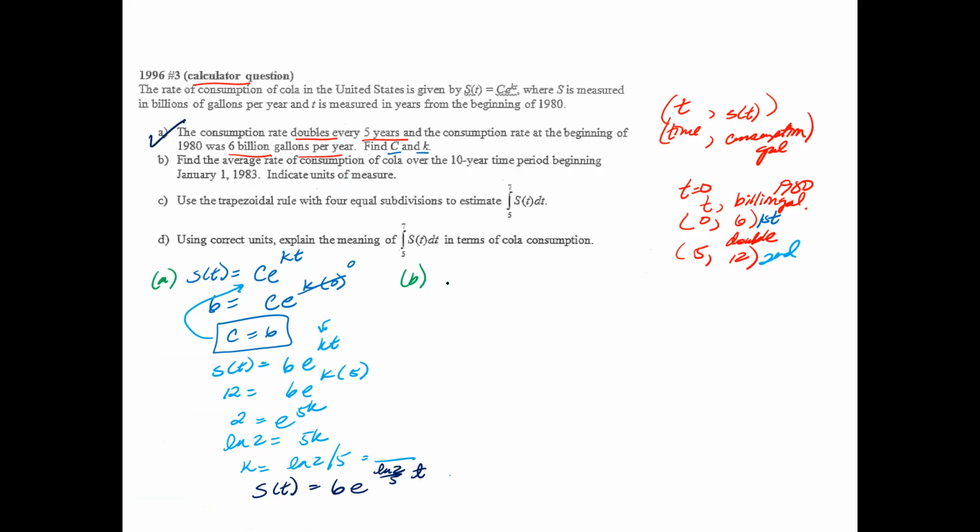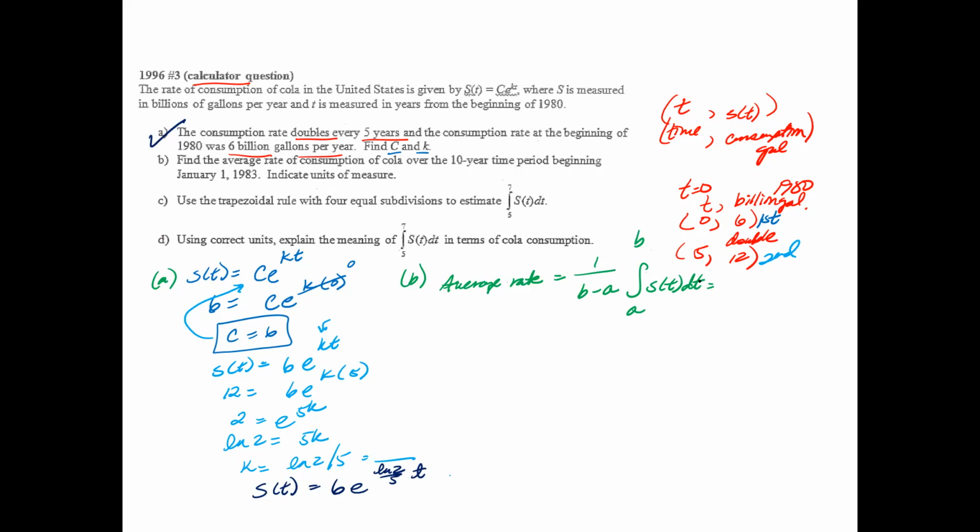So for this one, it's going to be your average rate of change, which is 1 over B minus A, times the integral of S of t dt, and your integral is from A to B.